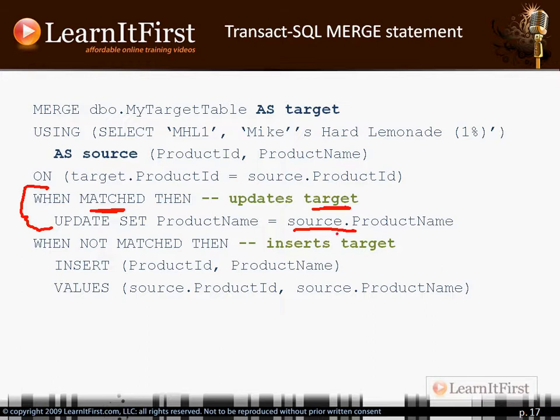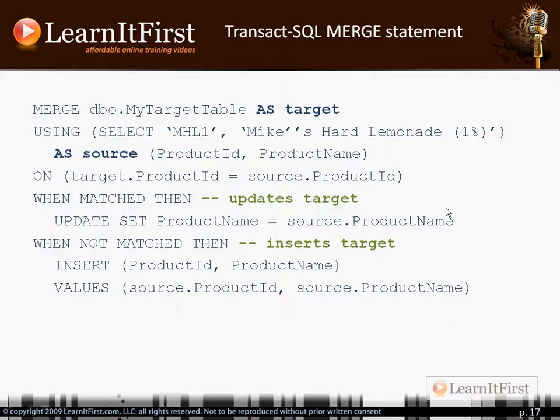So we're performing an update. In other words, what this little section in red says is if the row is already in the target table, I want to update it. Make sense? If the row exists that has a product ID of MHL1 in the target table, I want to go ahead and update it to have this new product name.